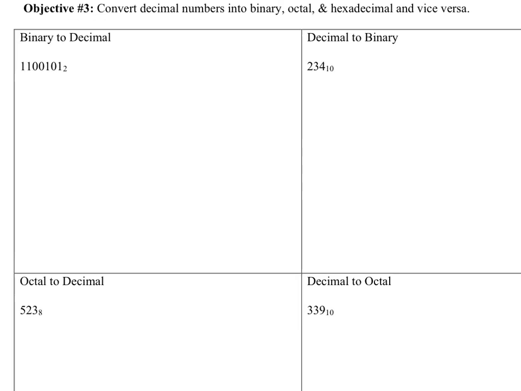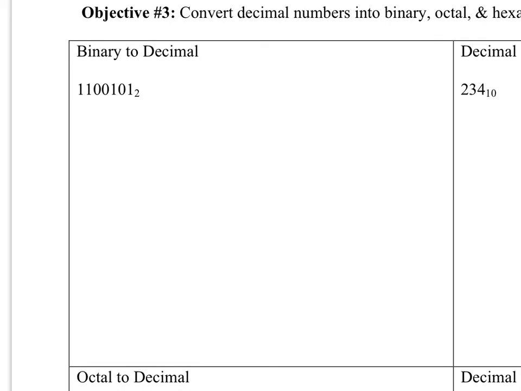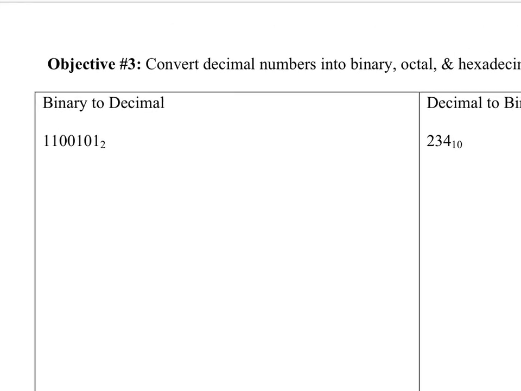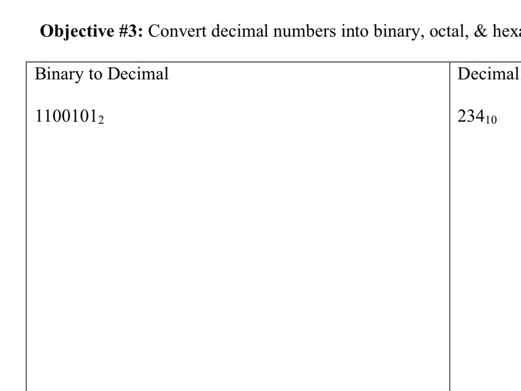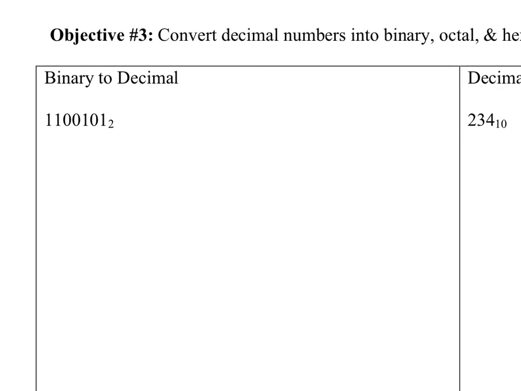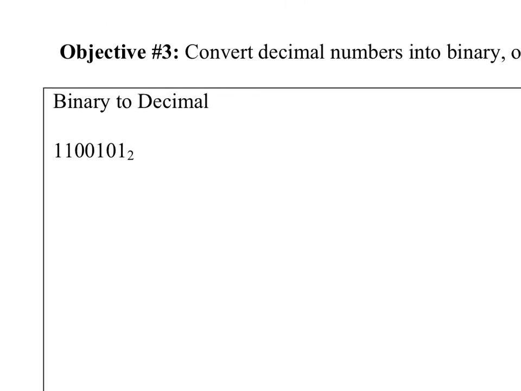Now notice I have a base 2, and that's again just to have you realize that this is a real number in decimal, 1,100,101. It's not that in binary, but that's how it is. So just to get you in the right frame of mind, when you're converting to decimal, you see a 2, you multiply.